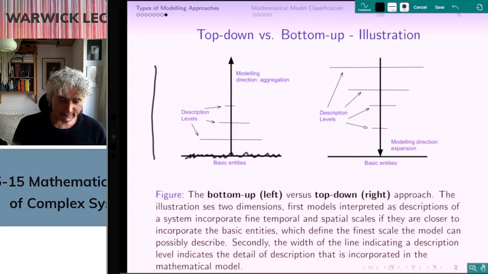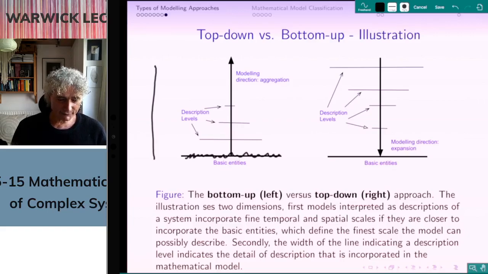This kind of graphics has two dimensions. One is the hierarchy, so the basic entities are at the lowest level of the empirical system, and then you have these different bars.